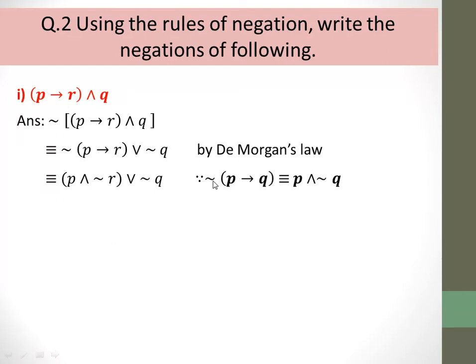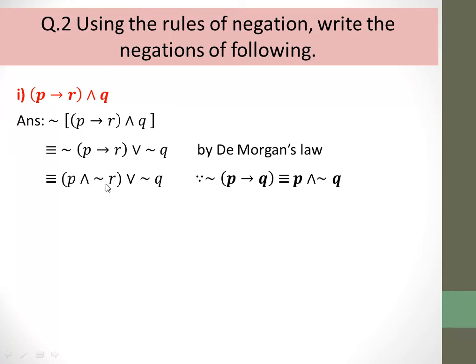Our rule is: negation of P implies Q is P and negation Q. Like that, here it becomes P and negation R, or negation Q as it is.